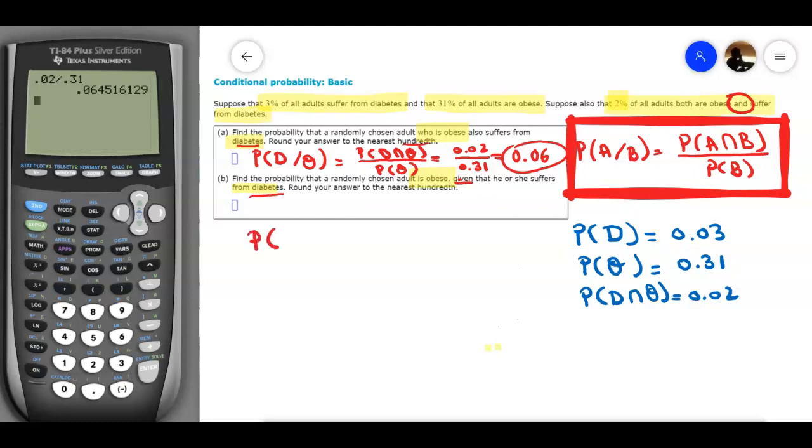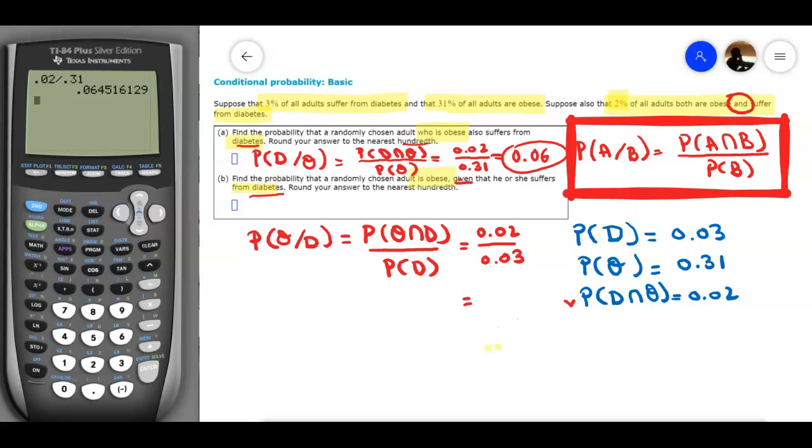It is the probability of O given D. This is what you're looking for, and by the conditional probability formula it is going to be the probability of O and D divided by the probability of D, where O and D is the same thing as D and O. So this is going to be 0.02, and the probability of D is going to be 0.03.